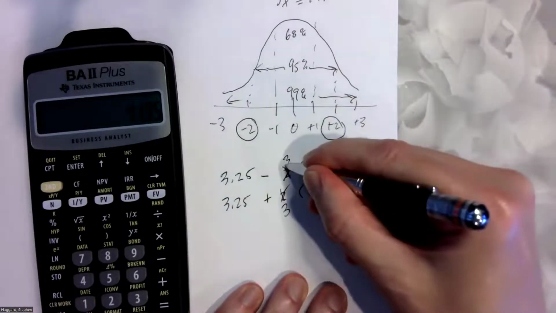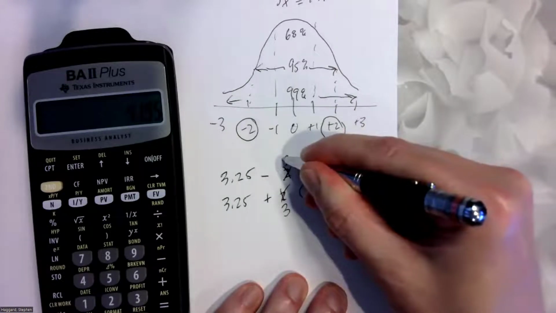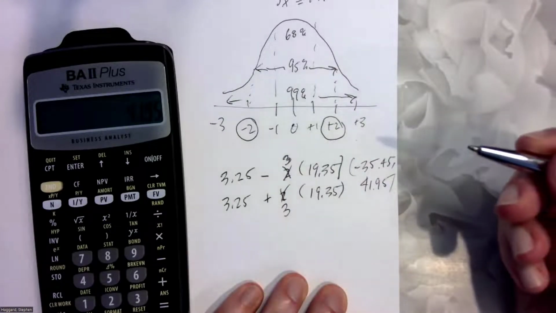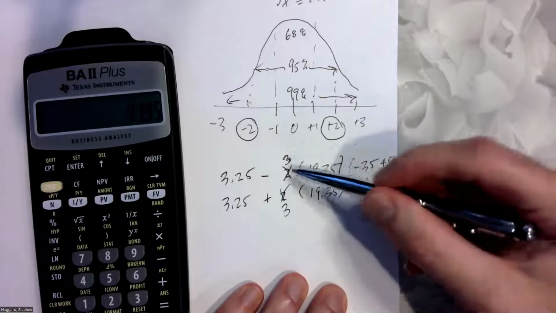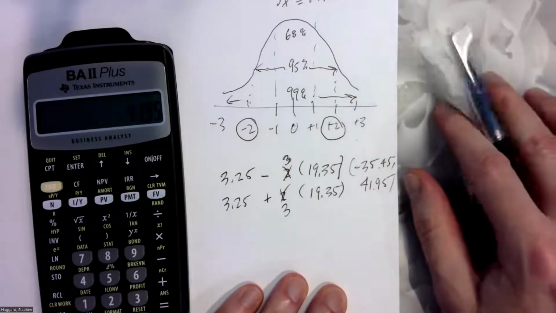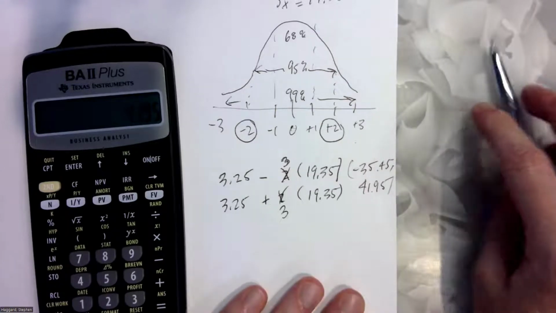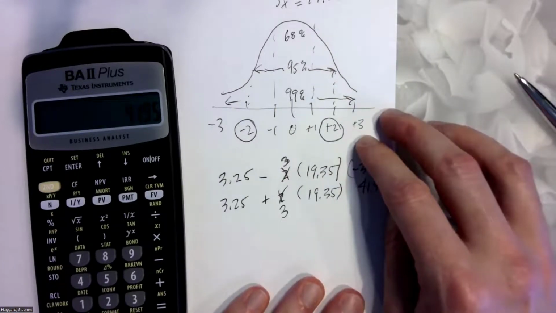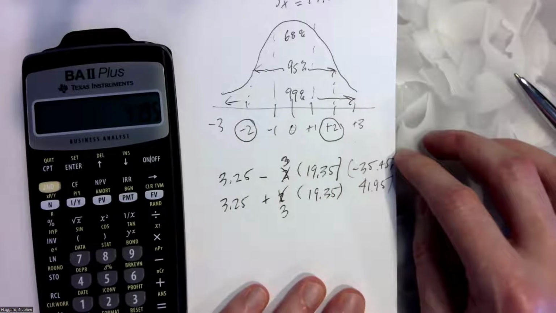And if they asked for the 68% probability range, this would have been a 1 instead. Those are only the 3 levels that I'm going to be asking you about. I will not be asking you about something that's 2.5 standard deviations away from the mean.